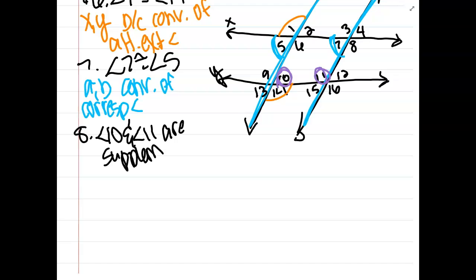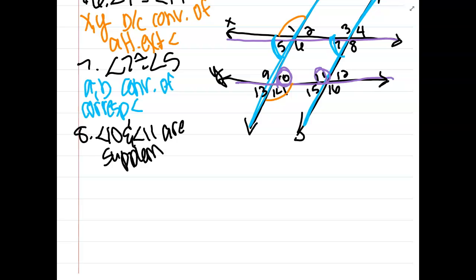Same side interior. Now, the last class had a couple questions about this one because they actually are interior of both sets of lines, aren't they? But you have to say, okay, they're interior of these lines and on the same side of a transversal. If you try to say they are interior of X and Y, okay, but they're not on the same side of a transversal.